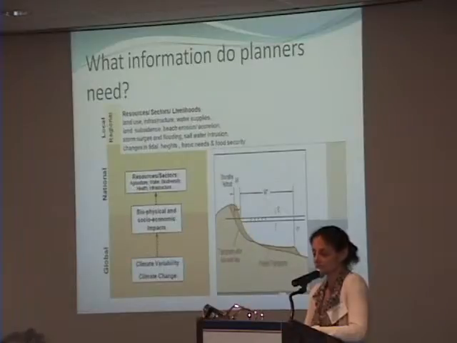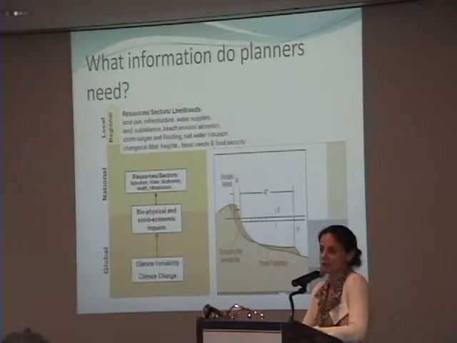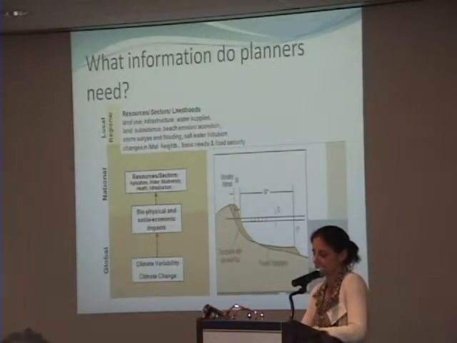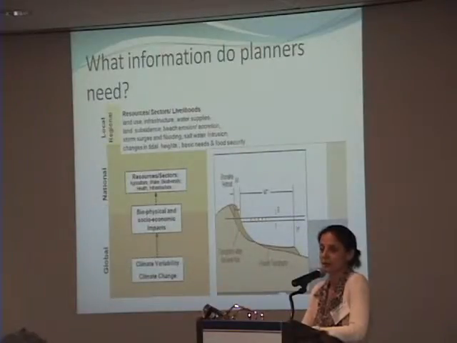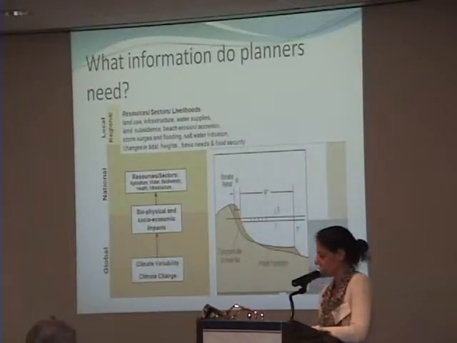Also beach erosion and accretion as a result of shoreline retreat due to sea level rise, storm surges and flooding. Saltwater intrusion is a big problem that is going to affect our water supplies. Changes in tidal heights, and also the basic needs and food security of the population and the communities that live there.